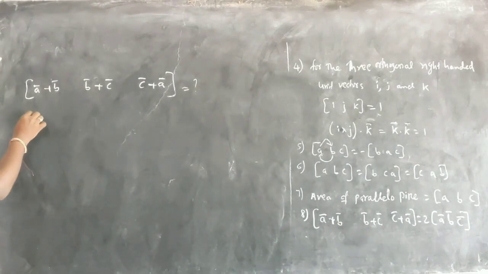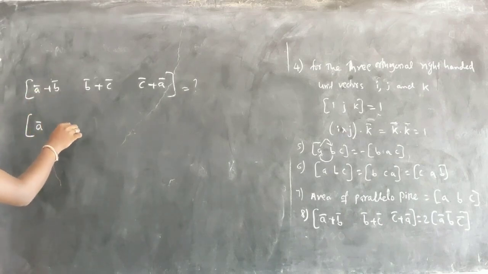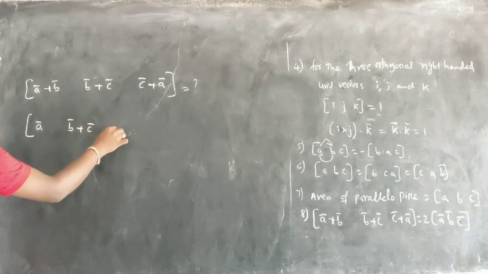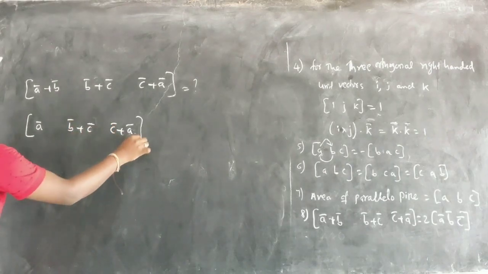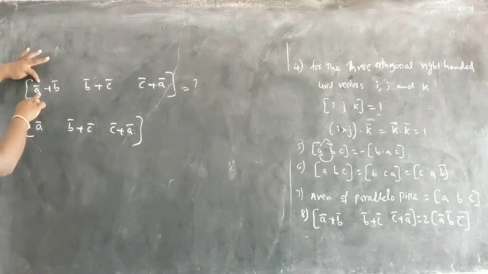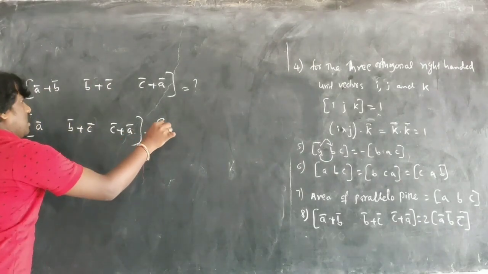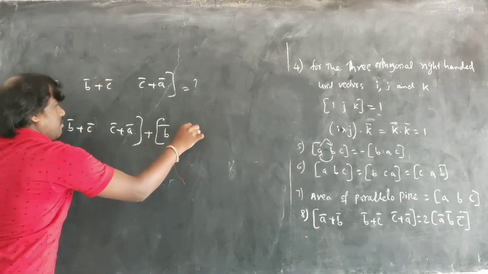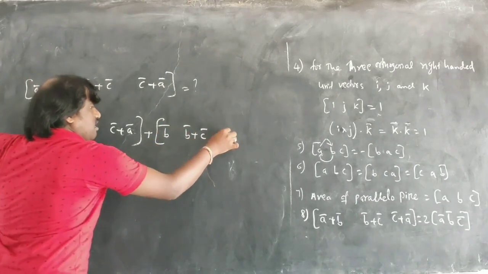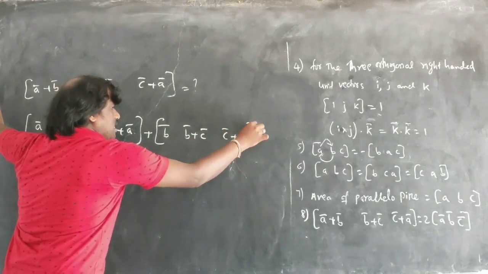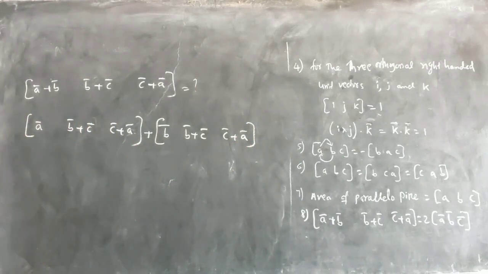Now how can you write this here? In the morning I said in the first lecture, you can write it as A vector plus B vector, B vector plus C vector, C vector plus A vector. I separated the first part of this, and then I can separate the other part. So plus I can write B vector plus C vector, C vector plus A vector. This is the third property I explained today.